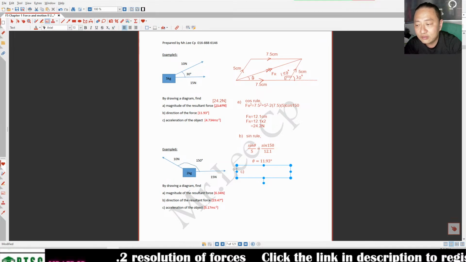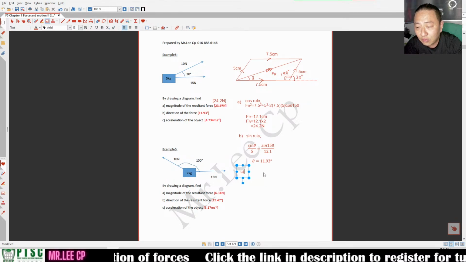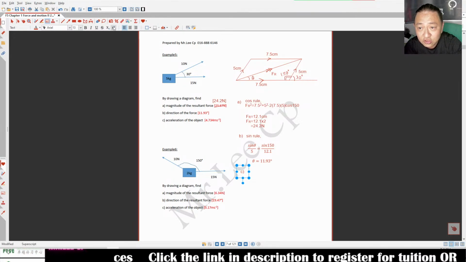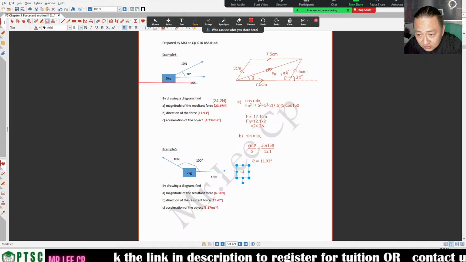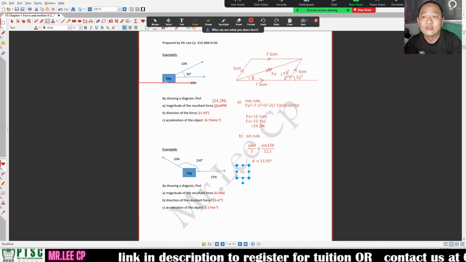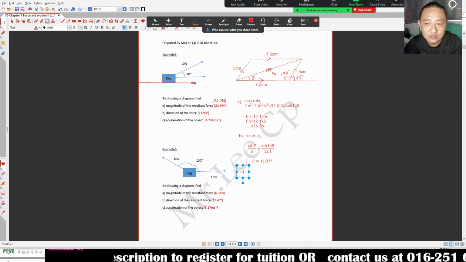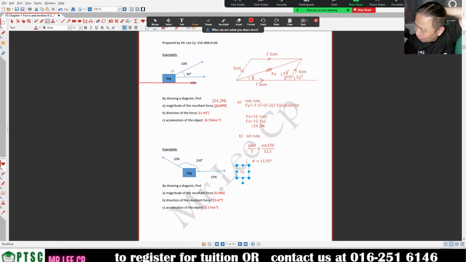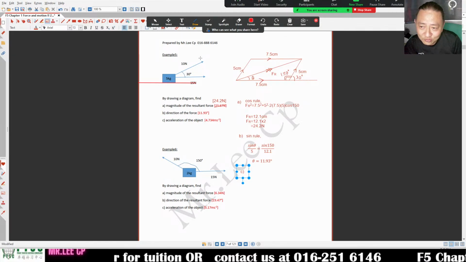If no, then we are going to see the next one. Part C, how are we going to do it? We need to find the acceleration. As I told you just now, this is not on a surface, so there is no frictional force. Of course you ask me, if there is no frictional force, how does this work?